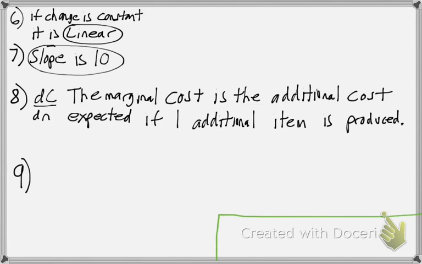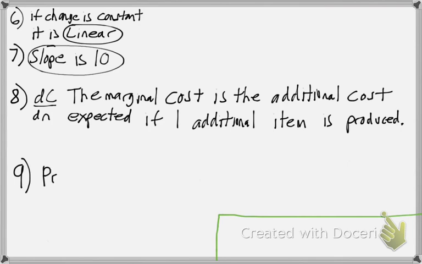Question 9 says, your goal is to maximize profit. What value of the marginal profit should you seek? So marginal profit is very much related to marginal cost. In order to do that, you would want to have a marginal profit of 0, meaning you can't make any more money even if you add an additional item.